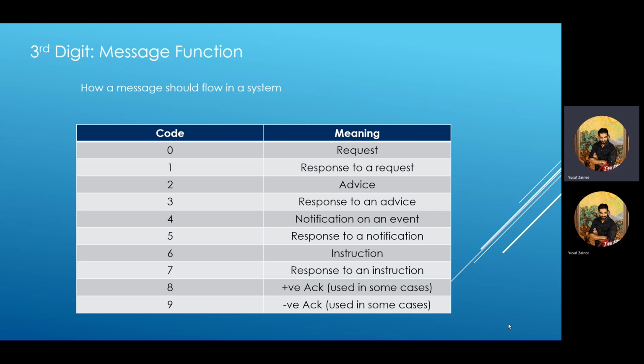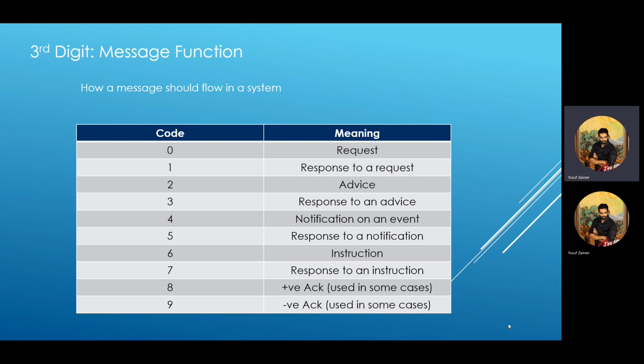So usually, when you're trying to communicate, let's say, from Axis Bank to Visa, if you want to send some advice, like say some network problem has happened, and for that you have approved a transaction, and then you want to notify that to the issuer when the network is back, you send an advice. Maybe we can talk about those things later, but right now just understand that 0 is request and 2 is advice.